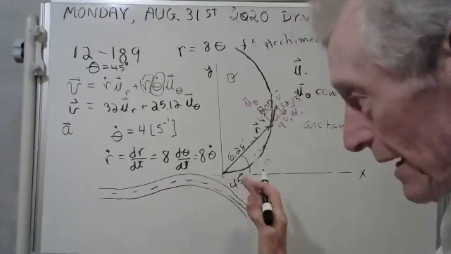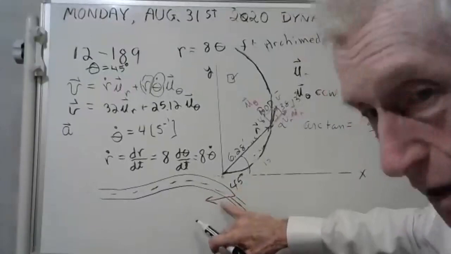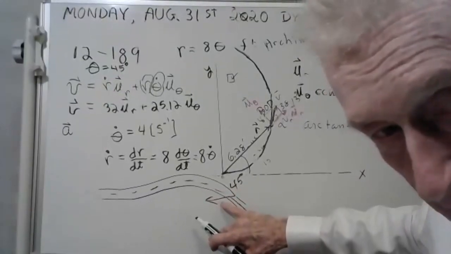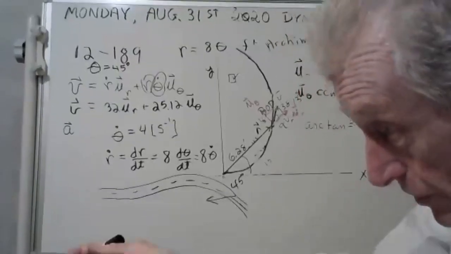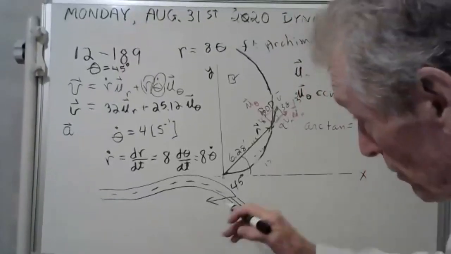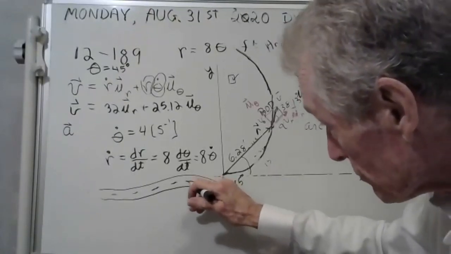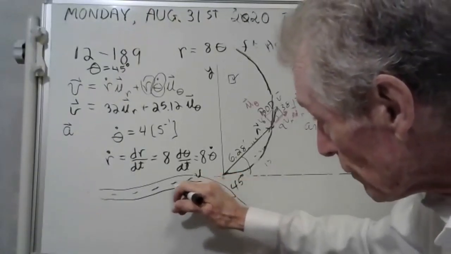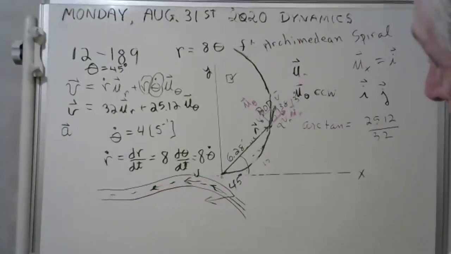If you follow a path that's not, like maybe it's off like this, you're going to wind up in somebody's backyard. You want to follow the road. If the road goes this way, that's the way you want to go. That's your velocity. If the road goes this way, you follow a path that's tangent to the road.